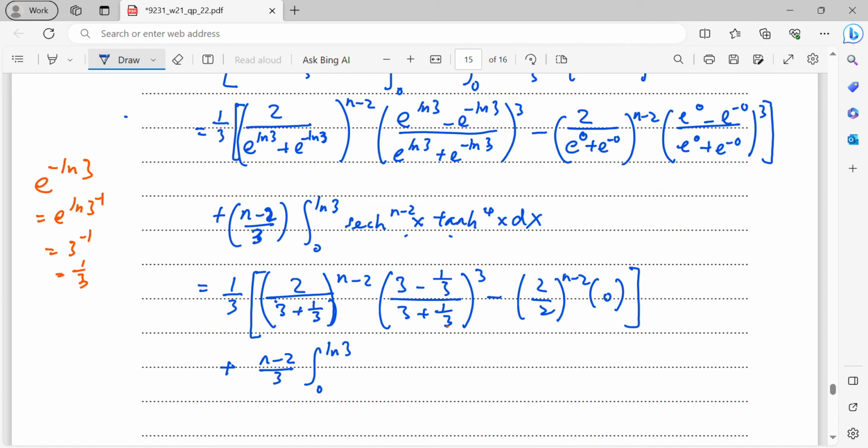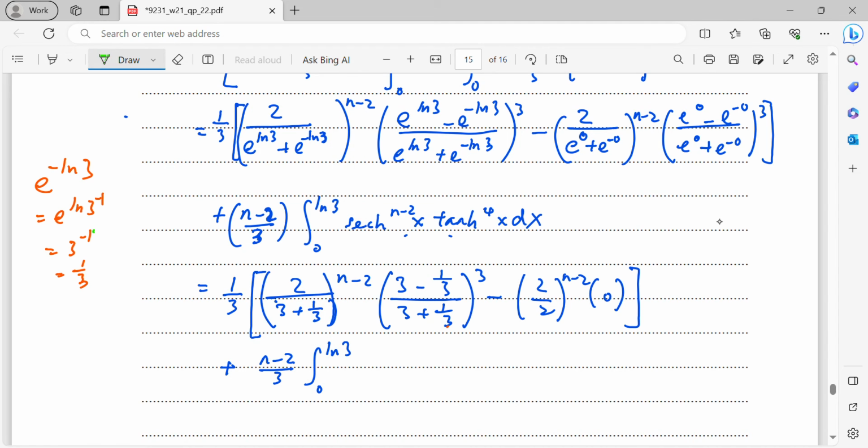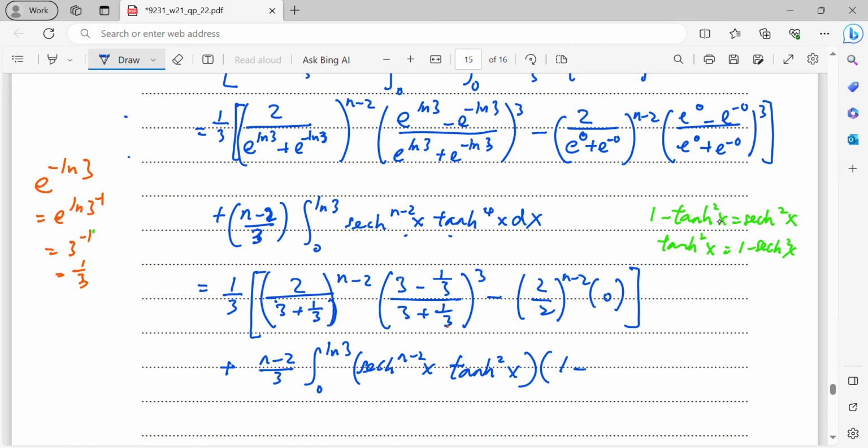Okay, here the tangent power 4 I will change using the identity 1 minus tangent square x is secant square x. So tangent square x is going to be 1 minus hyperbolic secant square x. Alright, so here I will get secant^(n-2) x tangent square x multiplied with 1 minus secant square x.